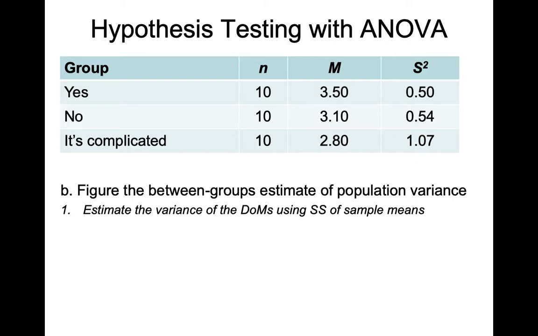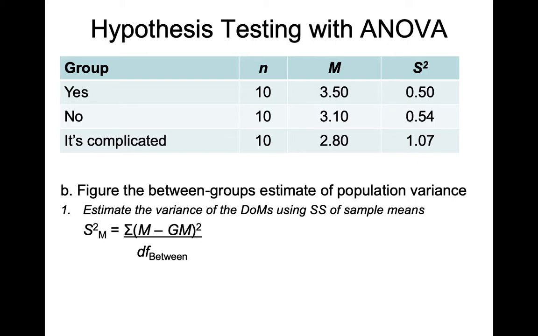This is kind of a working backwards procedure. Previously with our t-tests, we've been estimating the population variance and then using that to tell us about the variance in our distribution of means. Here, we're going to reverse the process, figure out the variance in our distribution of means, and then use that to work backwards and get the population variance.